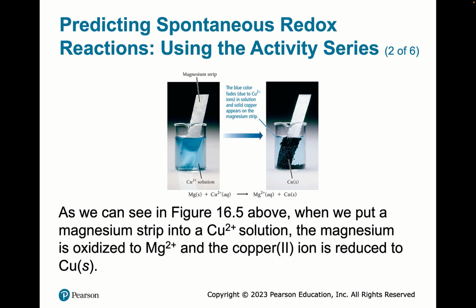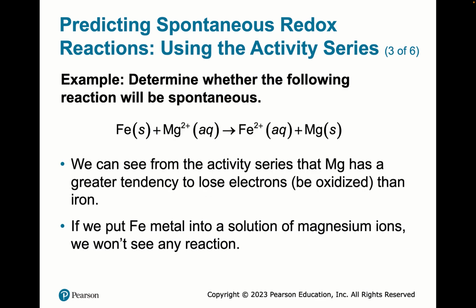If we were to put magnesium in a copper solution, and copper solutions are very beautiful, nice and blue, this will react and form copper metal over the magnesium anode there. Now, will this reaction be spontaneous? Same idea if you look at it.